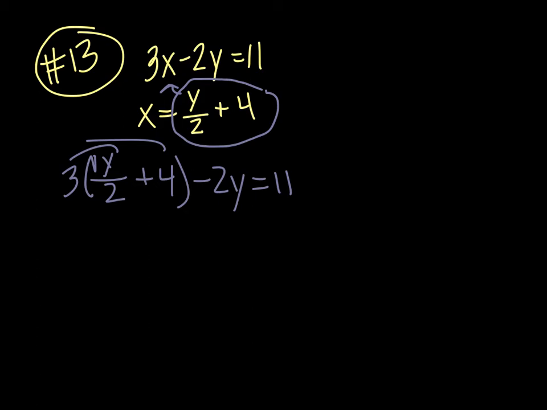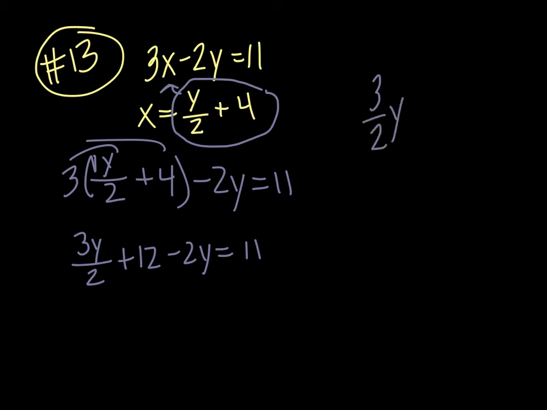So 3 times 1y is 3y over 2 plus 12, 3 times 4, minus 2y equals 11. So 3y over 2 is the same thing, guys, as 3 halves y. So if you have 3 halves y, that's 1.5.